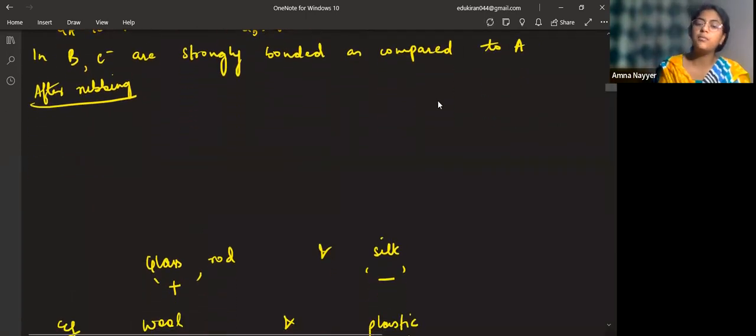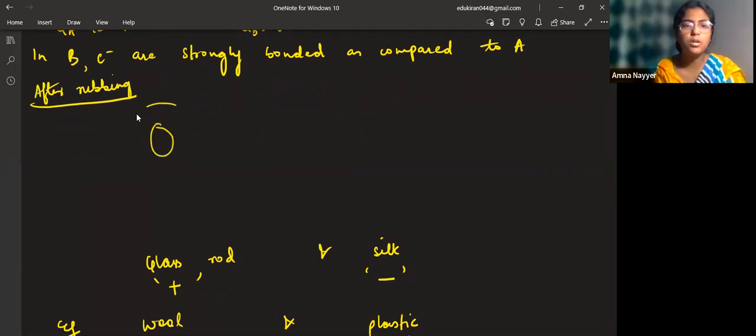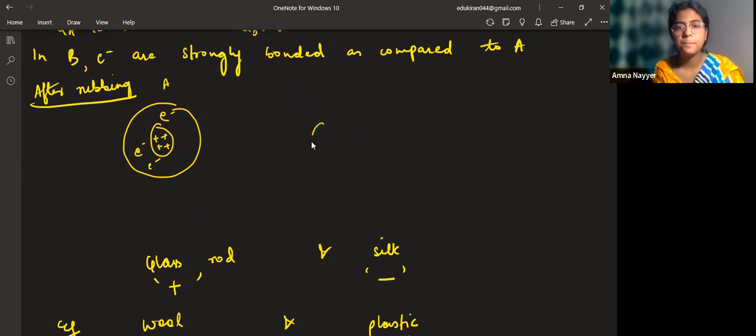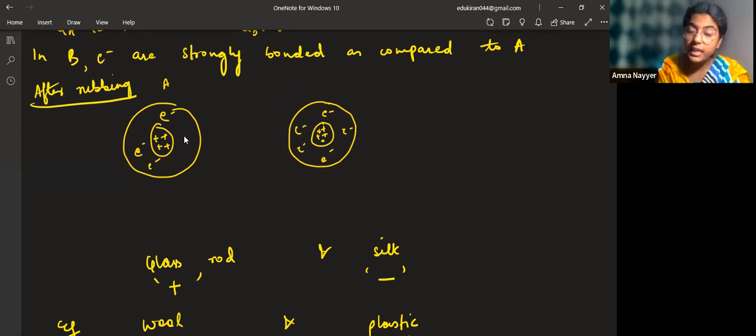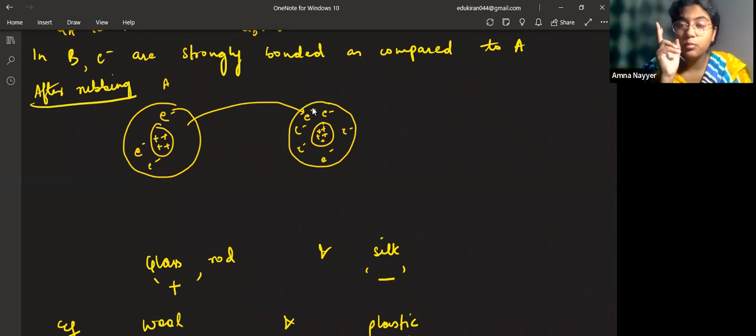So after rubbing, what happens? Let's say this was A, and this is B. One electron, the fourth electron, has actually moved into B. So this is what happens when you are rubbing.